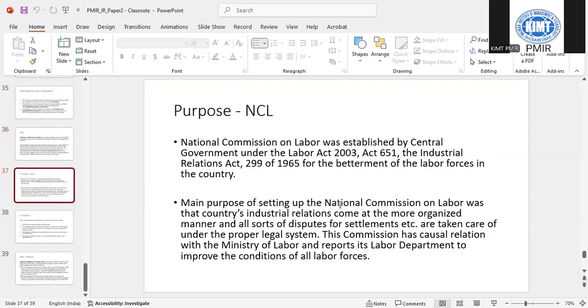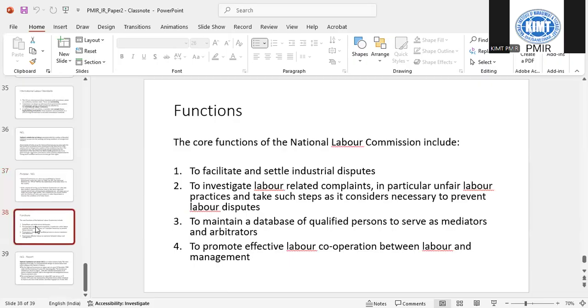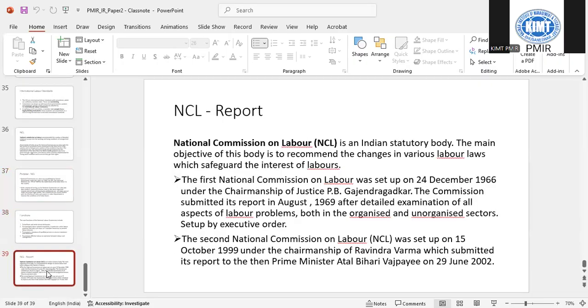In NCL, we have two commissions after independence. You can see the two national commissions in the last slide. One is 1966, one is 1999.